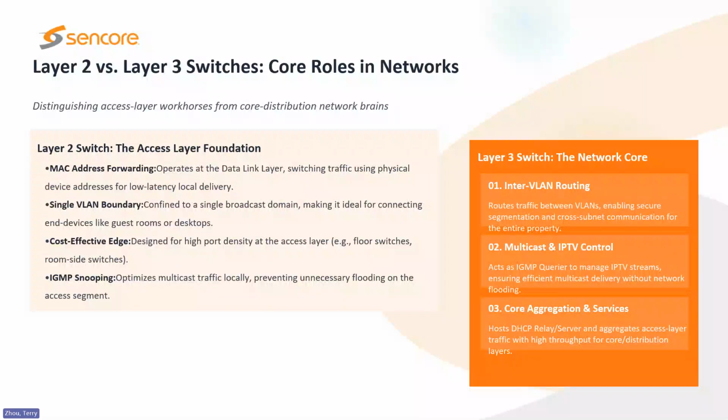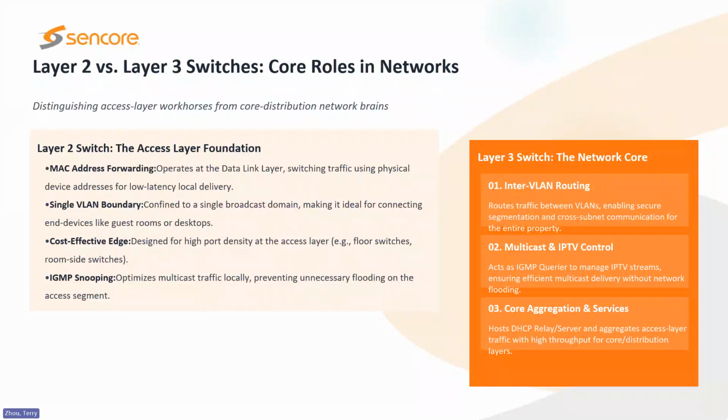Traffic features like IGMP snooping and IGMP query work in a layer 2 switch. It also has the capability of VLAN separation, so you can separate different VLANs. You can assign the role of each port as hybrid, trunk or access mode, depending on what you need.